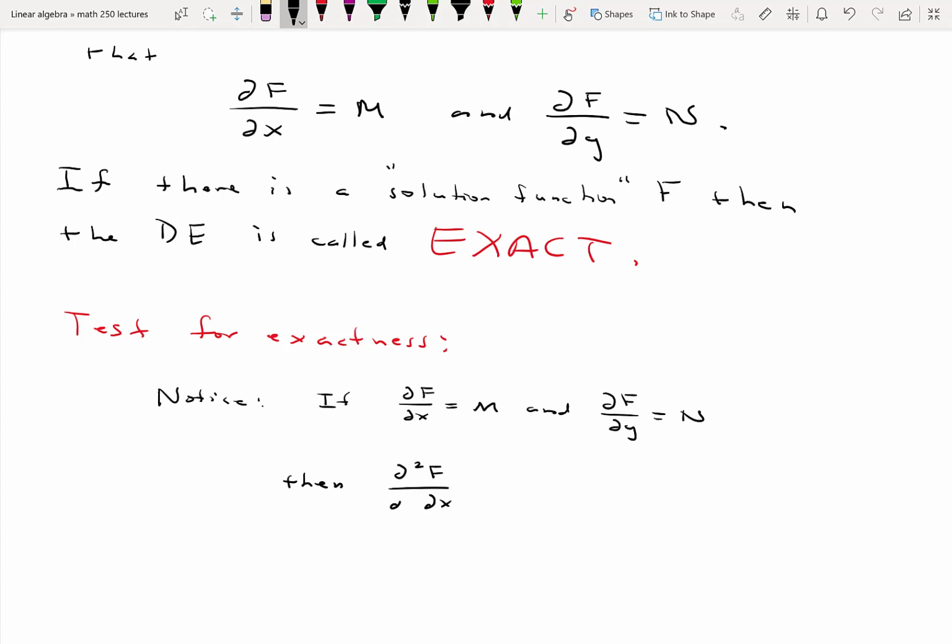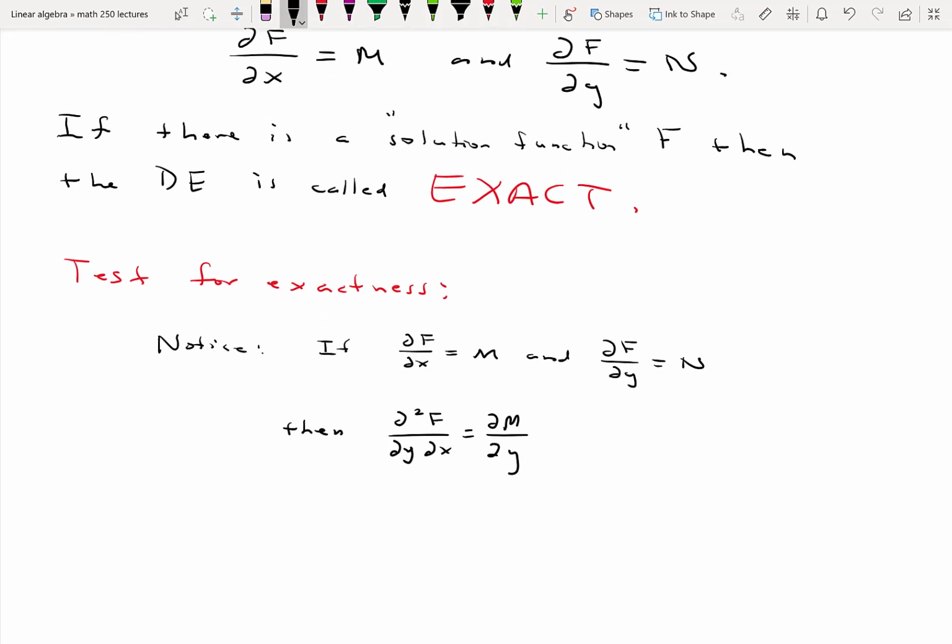Now let's take the derivative of both sides with respect to y. That's going to be the partial of M with respect to y. And let's take the second equation, the partial of f with respect to y equals N, and differentiate both sides of it with respect to x. It's already with respect to y. Now let's take the derivative with respect to x. It's going to be the partial of N with respect to x. Notice that these are mixed partials. These are both of the mixed partials. And what happens with mixed partials? They are equal.